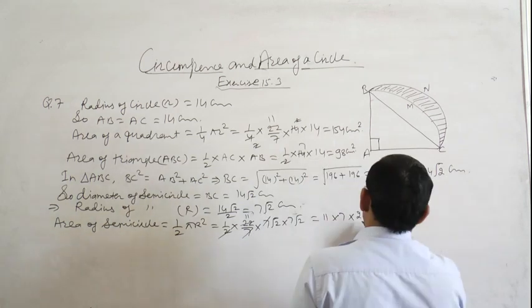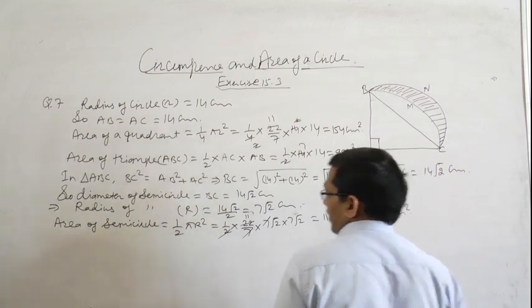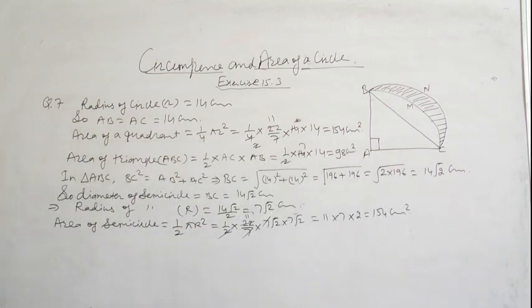It means again 154 centimeter square. This is the area of the semicircle.